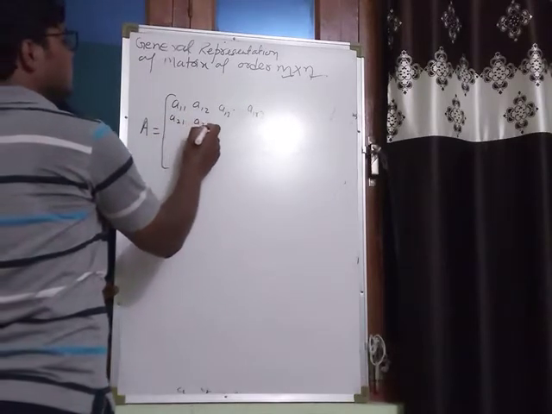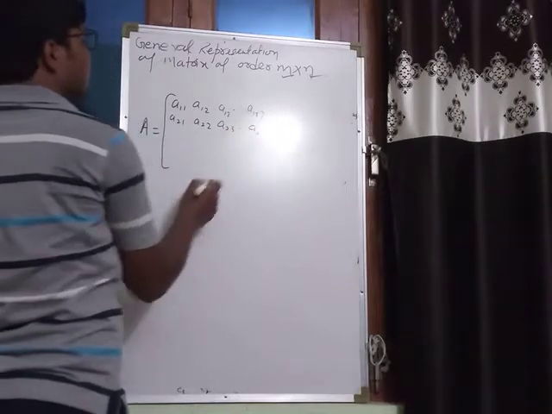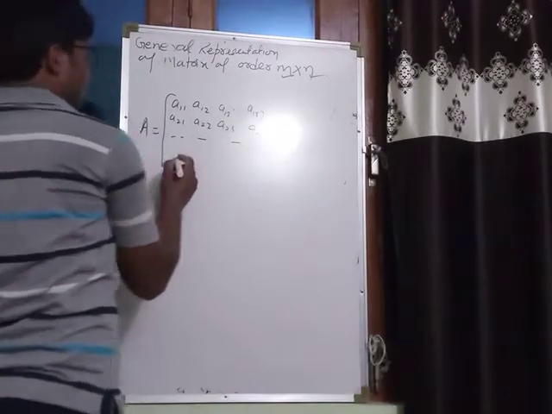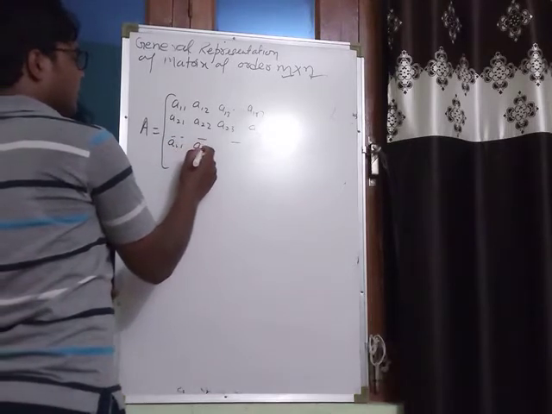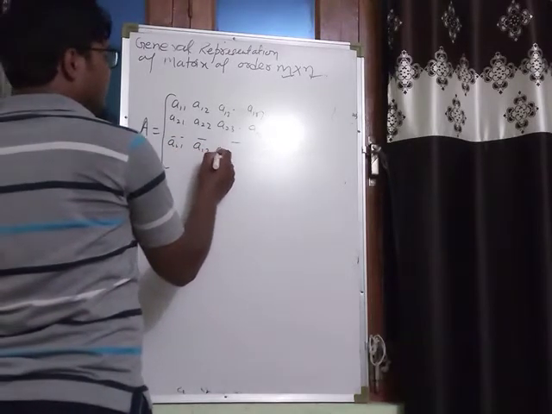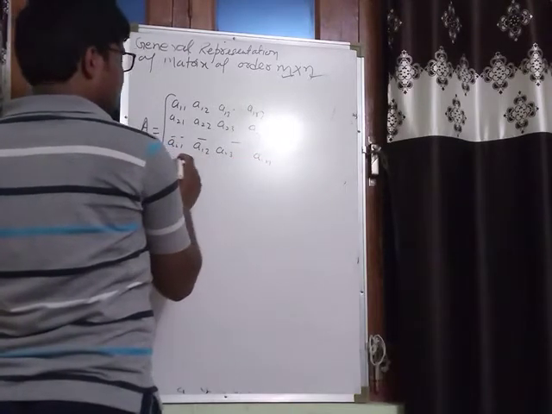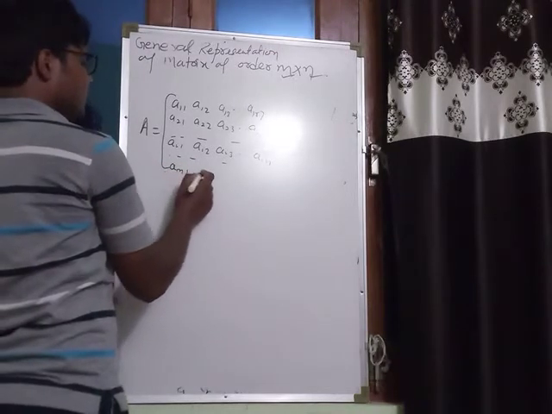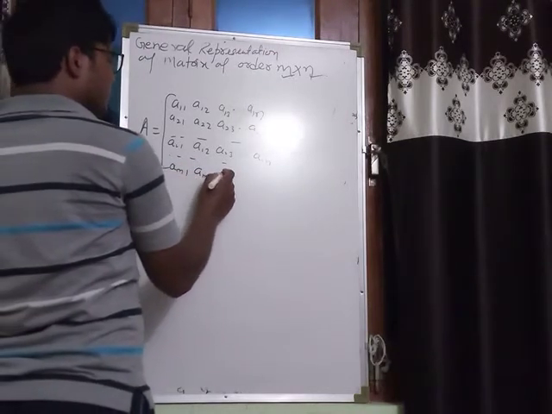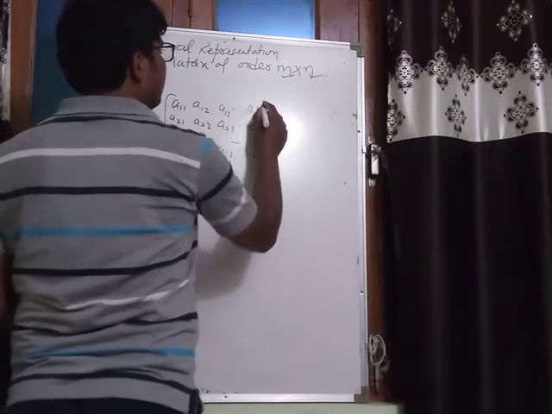A21, A22, A23, and so on, A2n, and so on, Ai1, Ai2, Ai3, and so on, Ain, and so on, Am1, Am2, Am3, and so on, Amn.